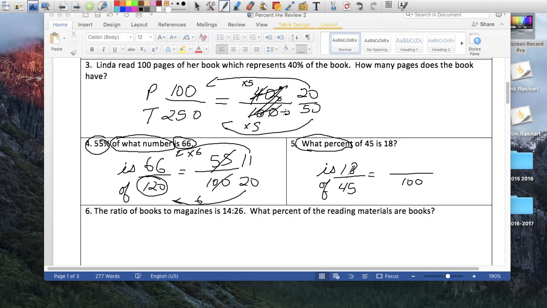Let's divide this by, not 2, not 3, let's do 9. 18 divided by 9 is 2, and 45 divided by 9 is 5. So we're going to use 2/5, no longer 18 over 45. Times 20, and 2 times 20 is 40. And there's our answer, 40%.